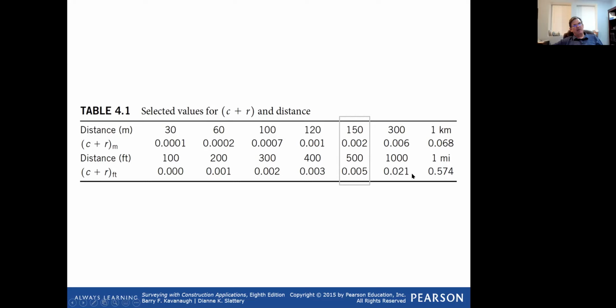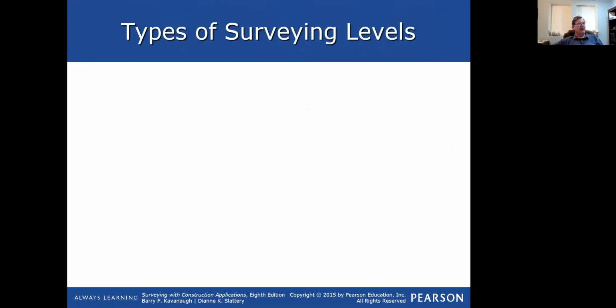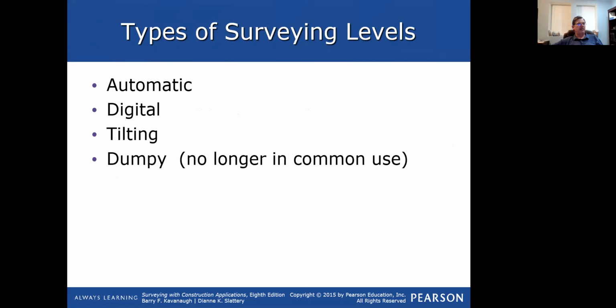In 1 mile, we are almost 7 inches high. I said 7/10 of a foot. It's actually 7 inches high. So that's what you need to know about curvature and refraction. Just remember, keep where you're coming from and where you're going just about equal, and you don't have to worry about it.